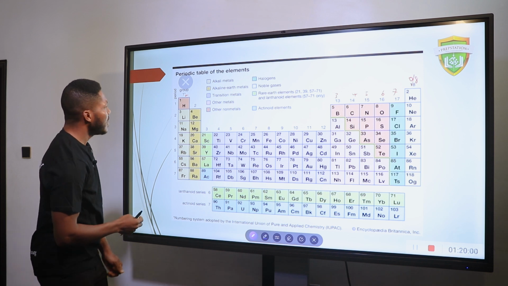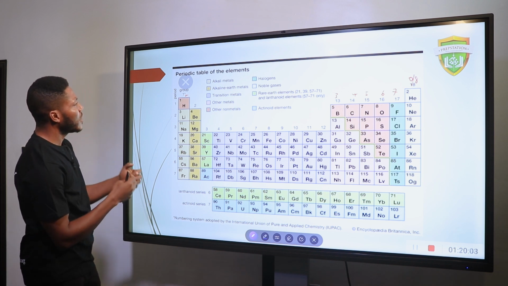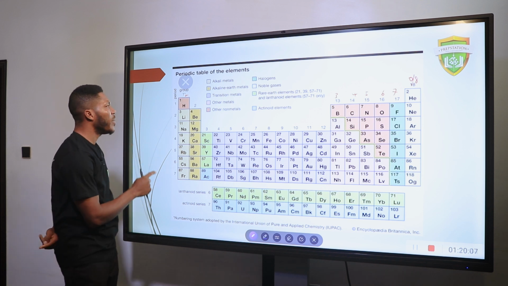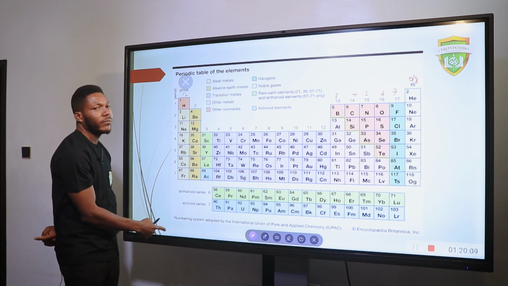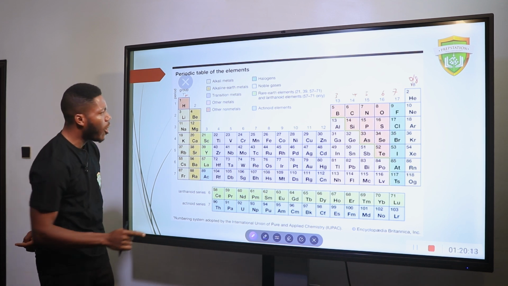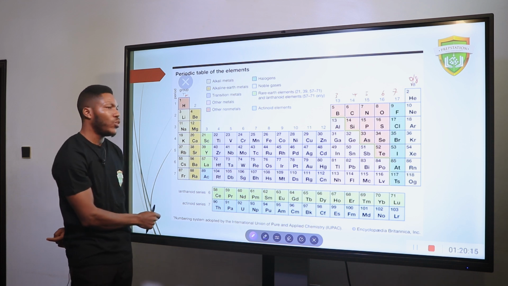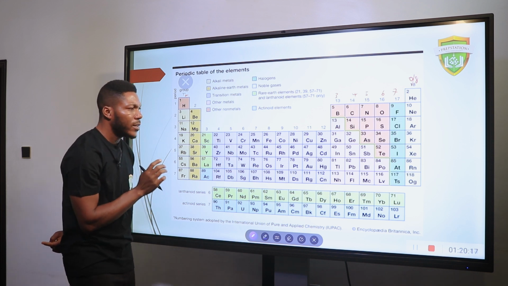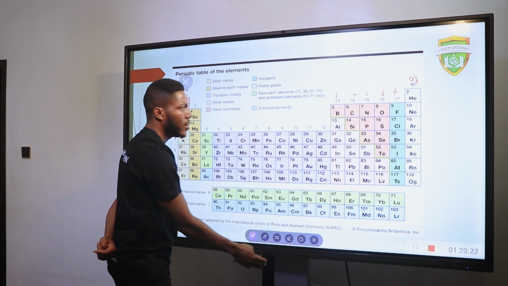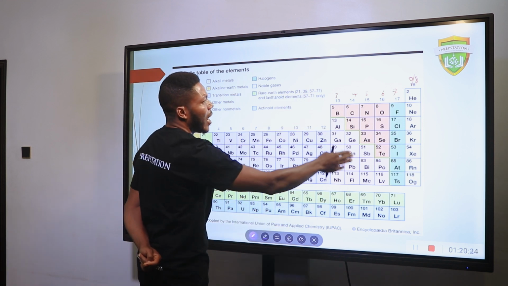Okay, so elements that contain 1 valence electron are all placed in group 1. Elements that contain 2 electrons in their valence shells are all placed in what? In group 2. Elements that contain 3 electrons in their valence shells are in group 3. Same to group 4, 5, 6, 7, and group 0.